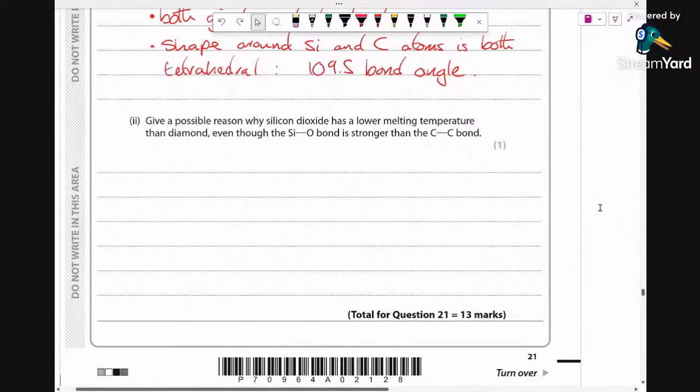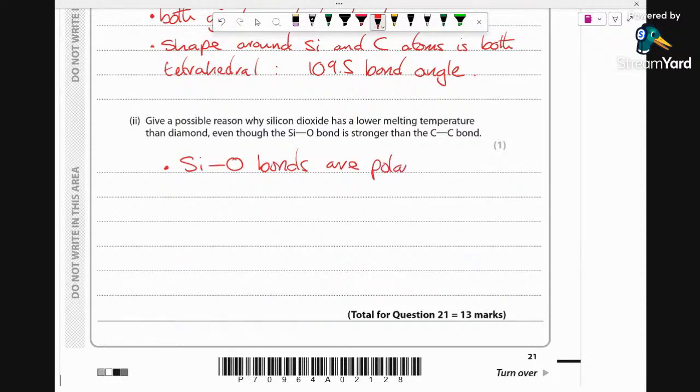Okay. So the answer is going to be that these silicon-oxygen bonds are polar. I can't wait to see the mark scheme for that. Look at how many lines there are. Give a possible reason. Silicon-oxygen bonds are polar. Now, the thing is, they're telling you that it's stronger. Melting point means that less energy is needed to break the bonds.